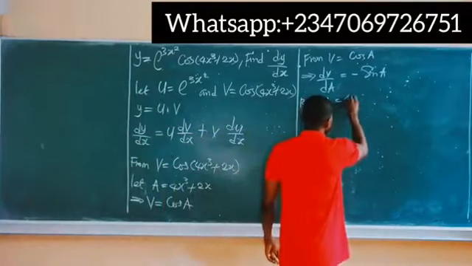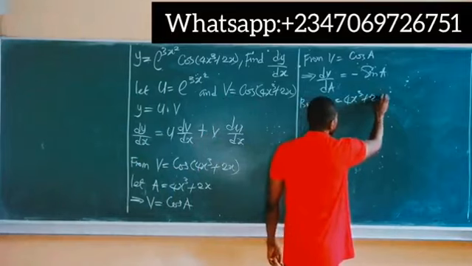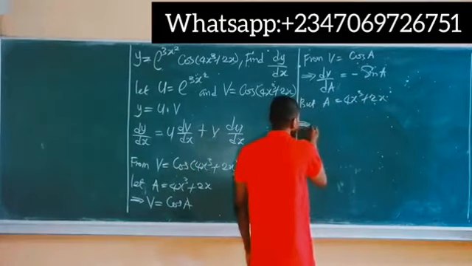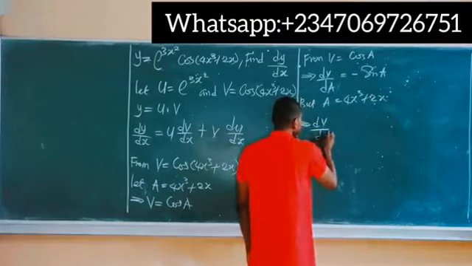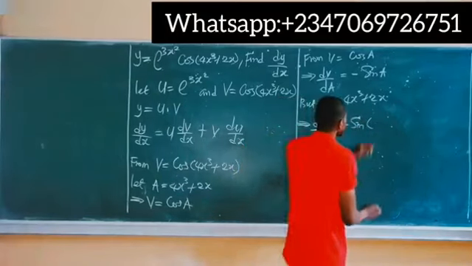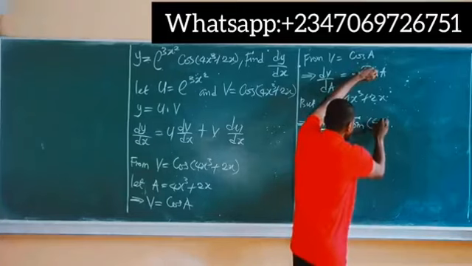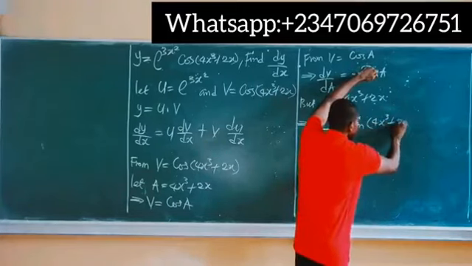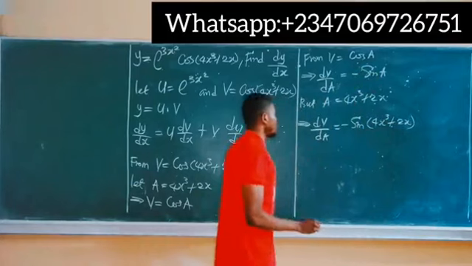So that simply implies that dv da is equal to minus sine, in place of a, we put in 4x cubed plus 2x. So we'll keep this equation aside.